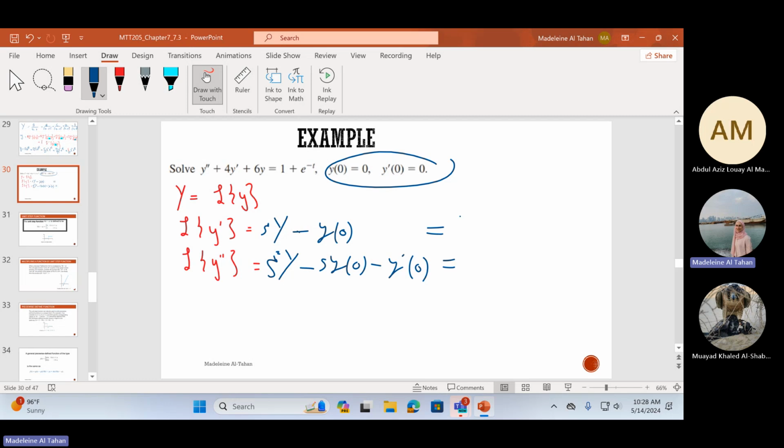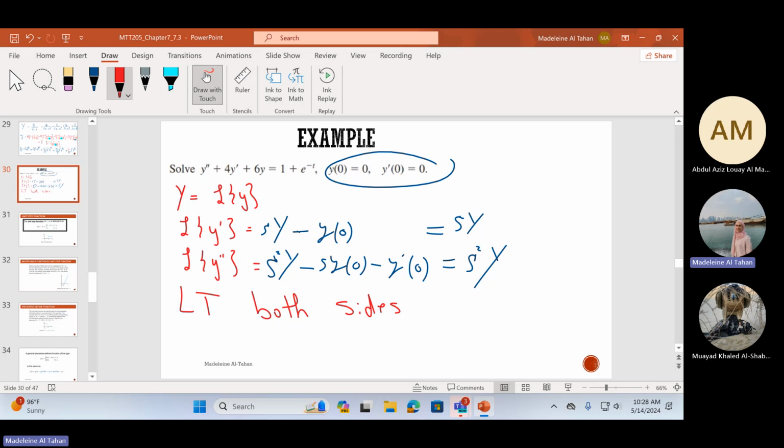Capital Y, and down we will have s squared Y. Okay, you cannot just start immediately with s squared Y and these. You have to tell me what you're doing. So now, what will you say? Laplace transform both sides.